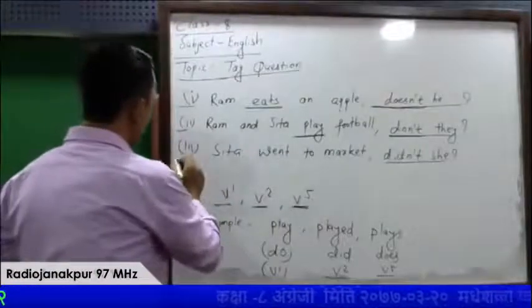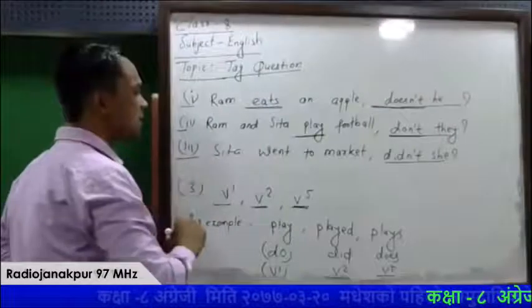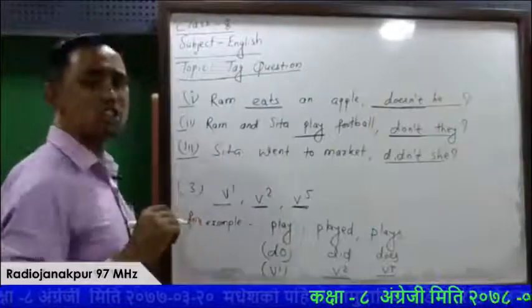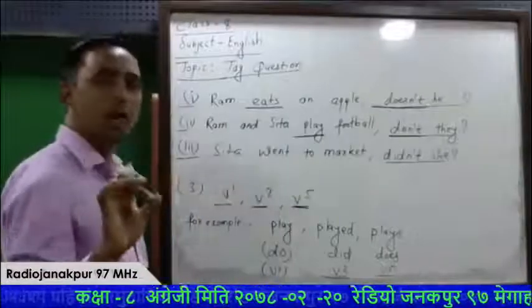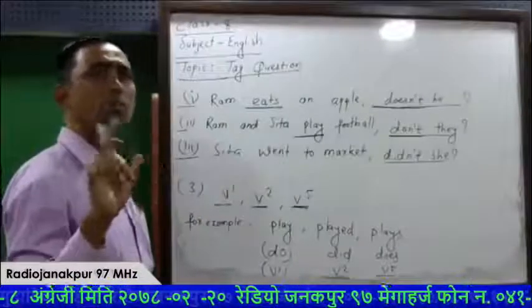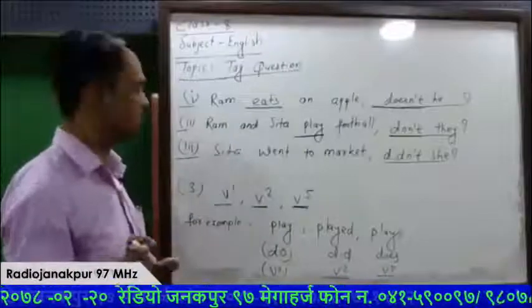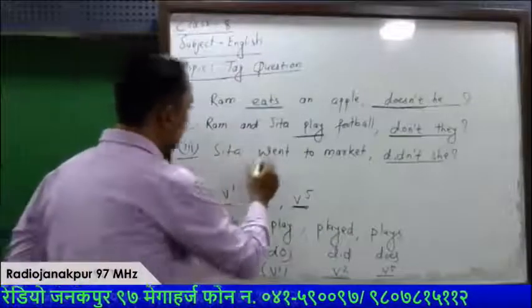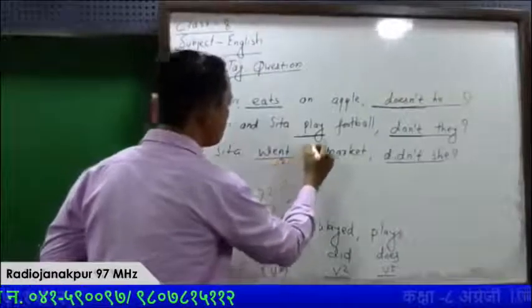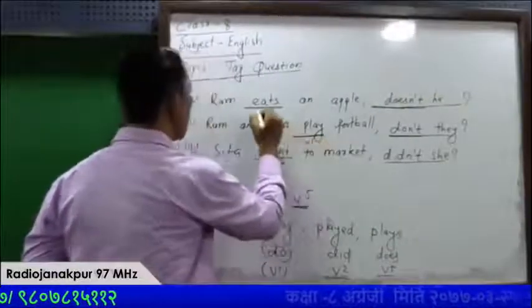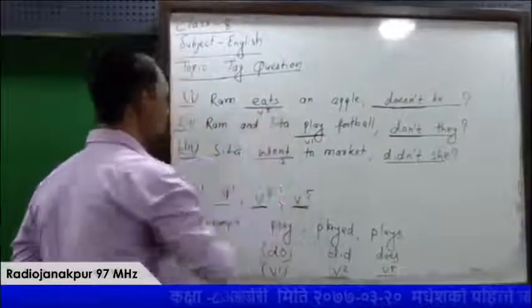Now third sentence also doesn't have any auxiliary verb. So we have to find out what form of verb is there in the sentence. There is went, and went is V2. This is V2, this is V1, and this is V5.